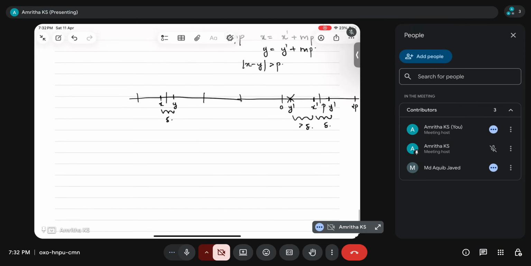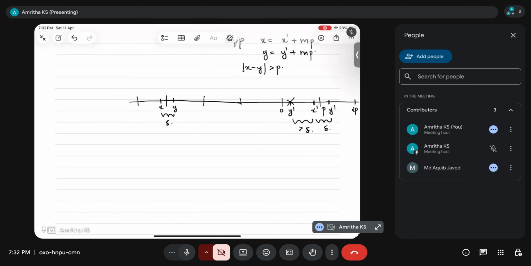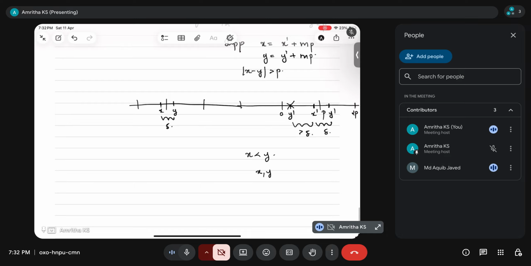See, the thing here is, let's take x less than y. Okay. Then in that case, suppose both x and y belong to this. Okay. Because first you find y dash inside this interval.